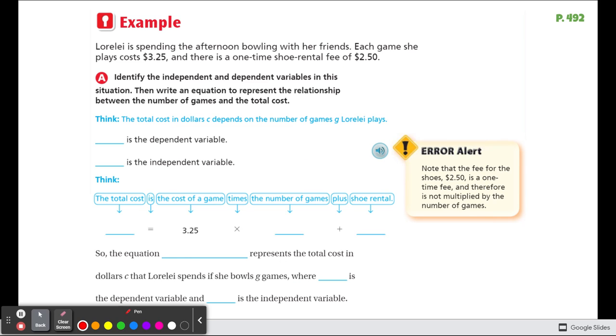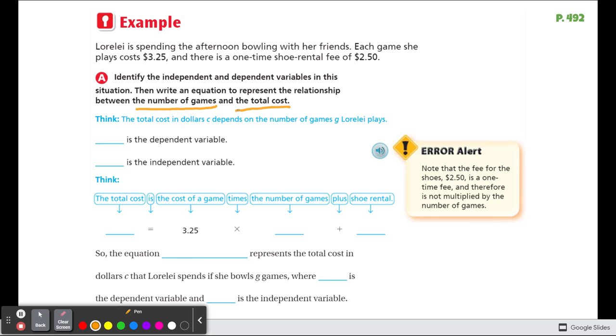So let's go ahead and think. We have two things that we're talking about here. There's the number of games and the total cost. So how much she spends for all of her bowling. So I'm going to think which one depends upon the other. Well, the cost is going to change depending upon how many games she plays. If she plays more games, the cost is going to be more.